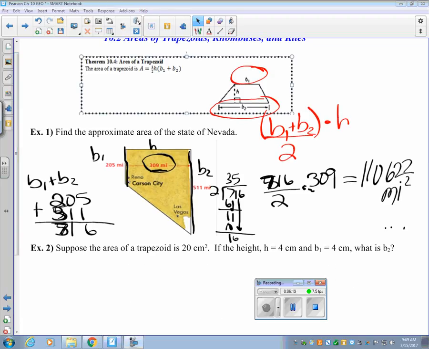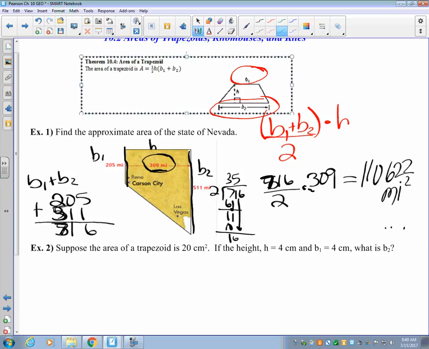Let's do trapezoids again. We're also going to come across situations where they're going to give us the area, and we're going to have to work backwards and find one of the bases or the height. So if we start out with our basic trapezoid formula, area is equal to 1/2 height times base 1 plus base 2.